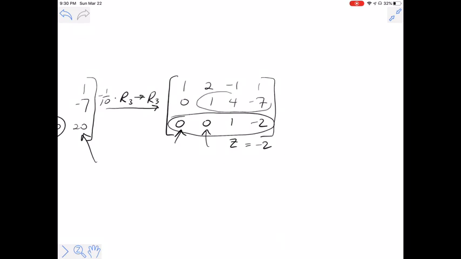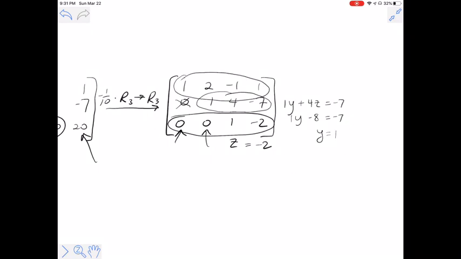This middle row, there's no x variable, but there's a coefficient of y. It's 1, y plus 4z equals negative 7. But we know that z equals negative 2 right here. 4 times negative 2 is negative 8. And then if we add 8 to both sides, we get y equals 1.